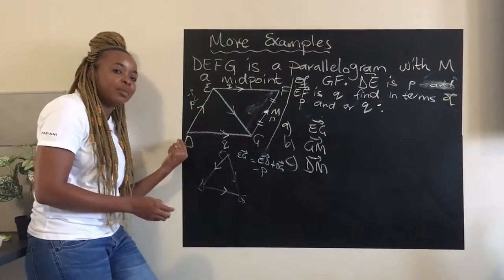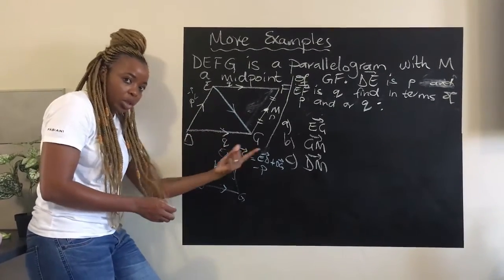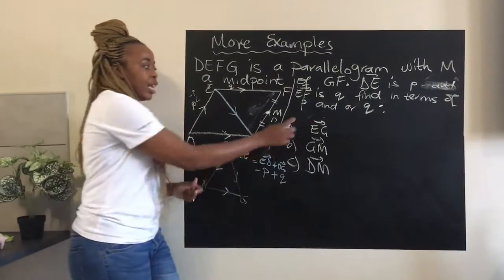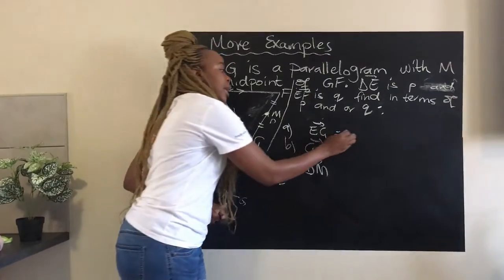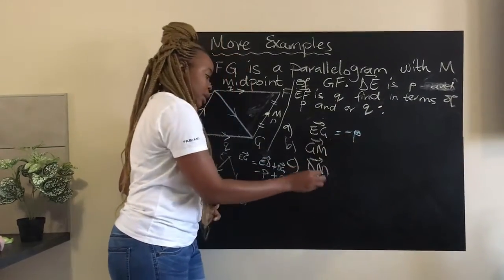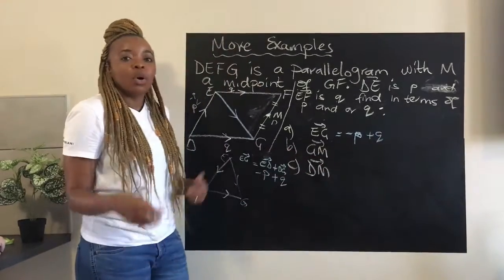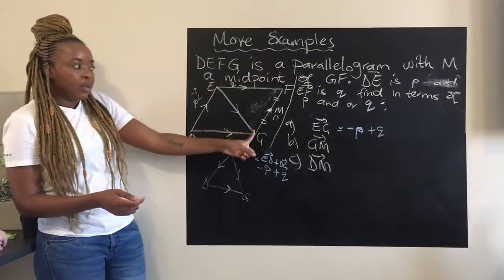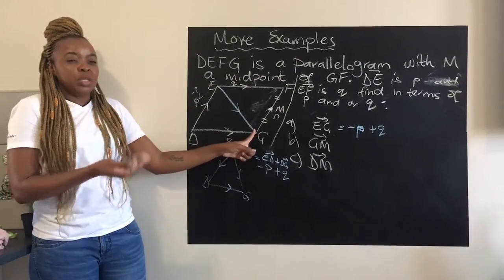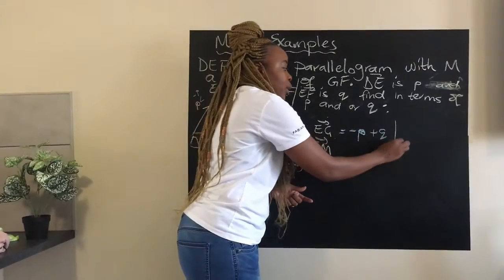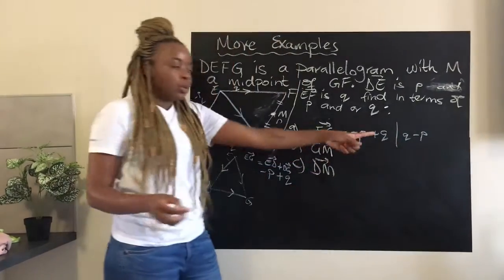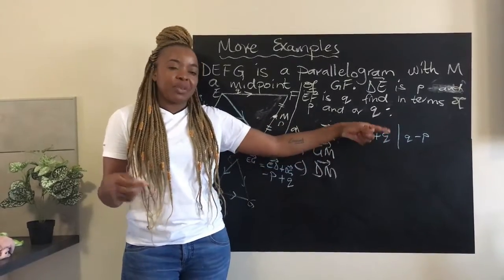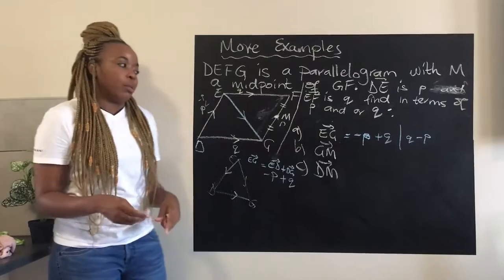DG is still in the same direction as the original vector, so it's still just plus Q. So EG is actually negative P plus Q. Or if you looked at it another way, you could say it's Q plus negative P, which means Q minus P. Those two things are the same, as long as the sign in front of P is negative in both and the sign in front of Q is positive in both.